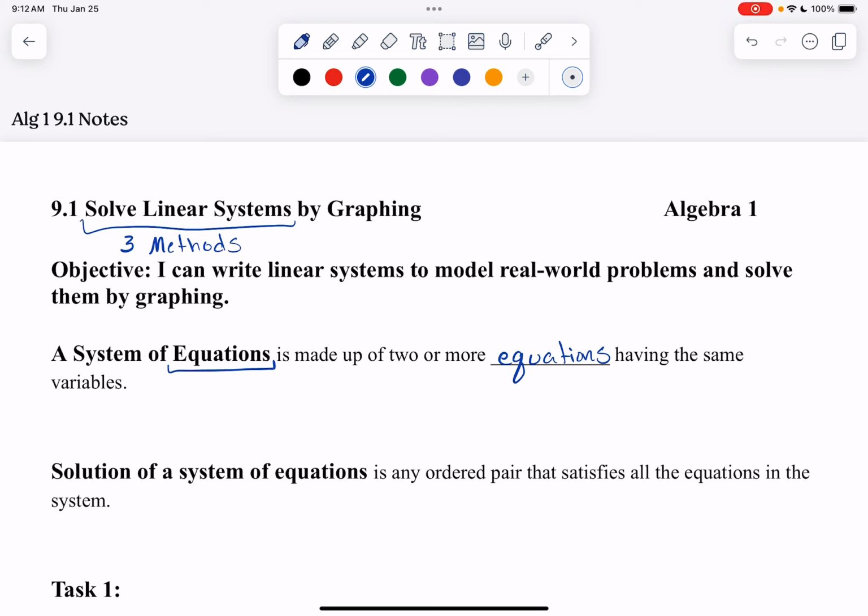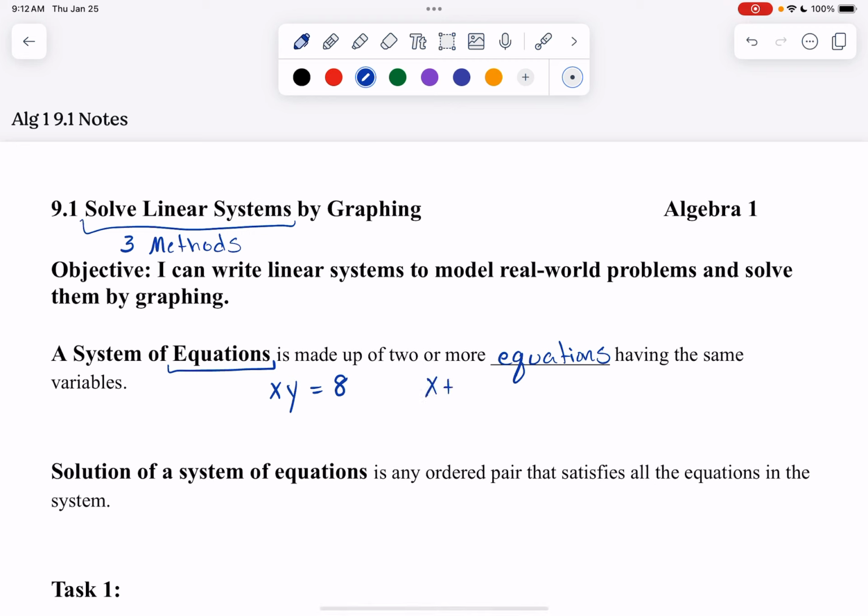So far we've basically been dealing with one equation in X and Y, so one two-variable equation. Now we're going to be looking at multiple equations that all work together to create what we call a system.